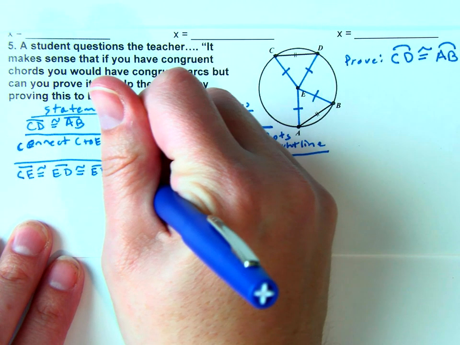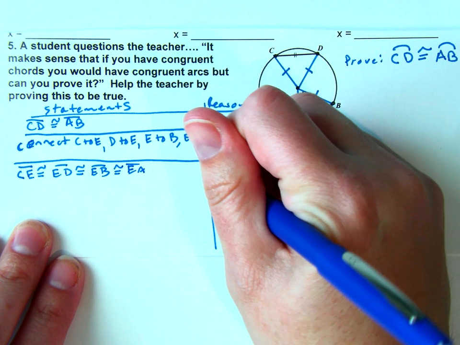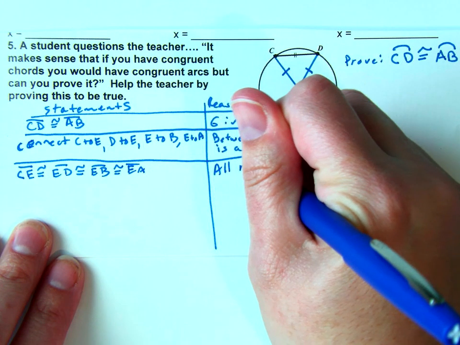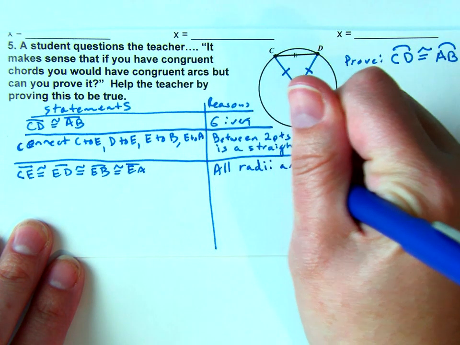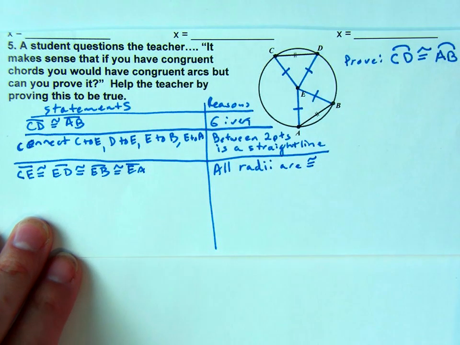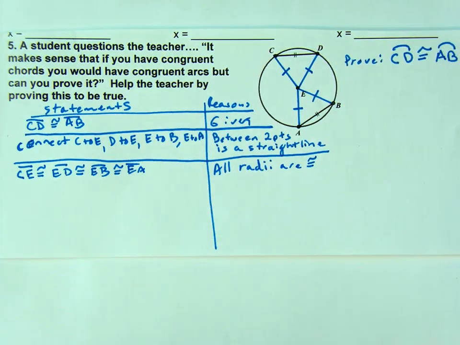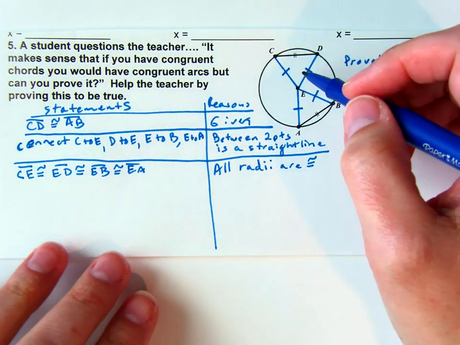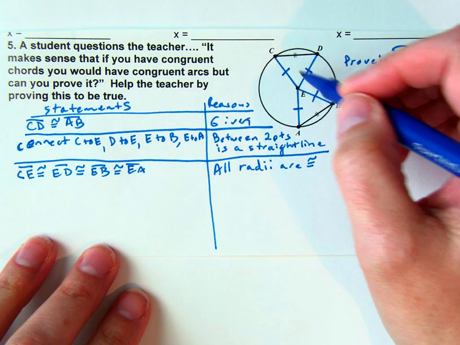And that's because all radii are congruent.